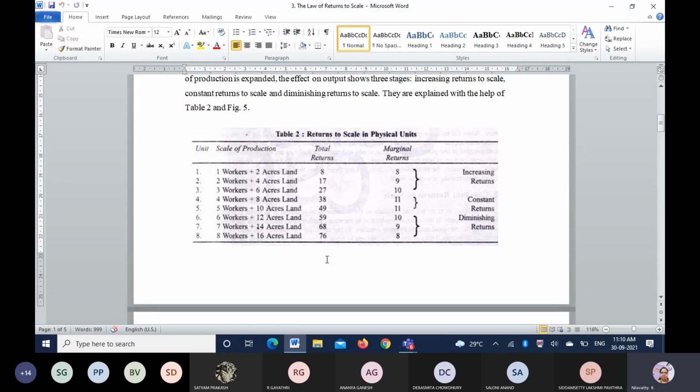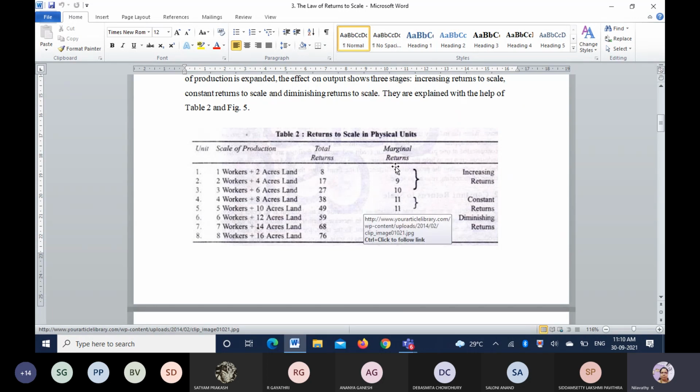But what is the marginal value? The marginal value will tell you whether you are having increasing returns, constant returns or diminishing returns. Marginal is nothing but the addition made to the total. So marginal returns is the addition made to the total returns by using additional inputs in the production process.